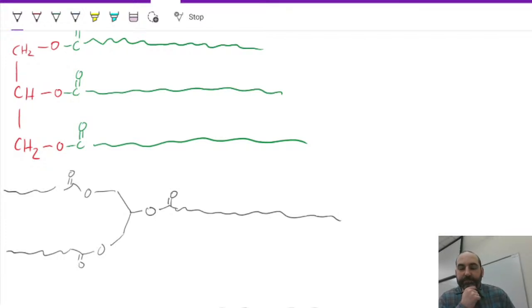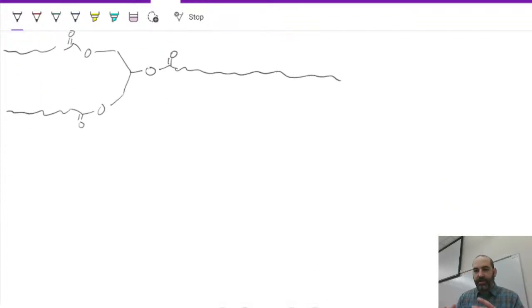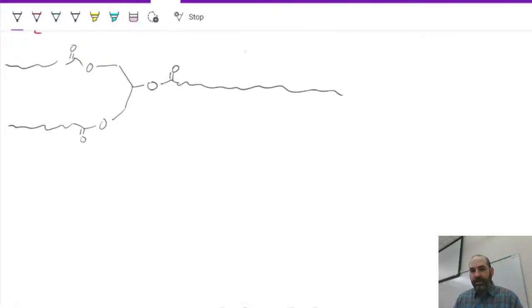For now we're just going to say, okay, it's this fork-like thingy. So what we're doing tomorrow in lab is we're going to take this molecule. It's literally just a bottle of vegetable oil like you would get at the store, which has molecules like this in it. That's what makes it up.